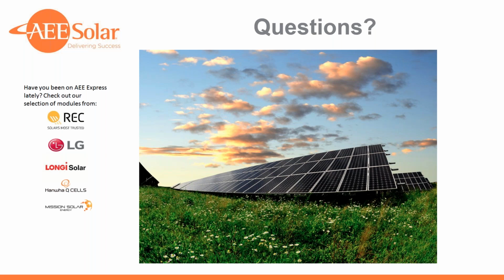Basically the manufacturer would give you a guaranteed percentage at the end of that 20 or 25-year time frame of 80 or 82 or 84% of the original watt class.